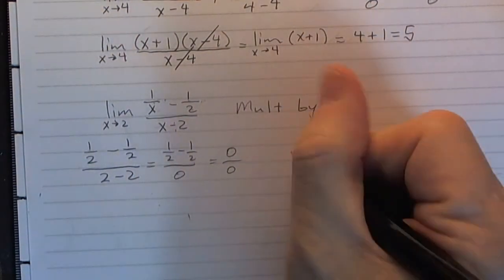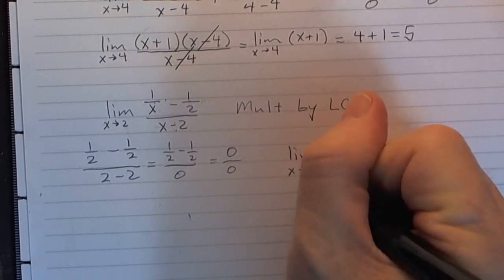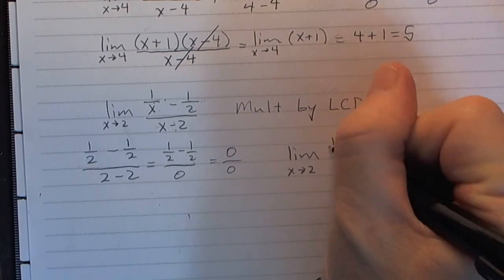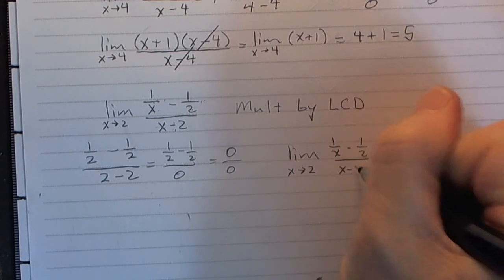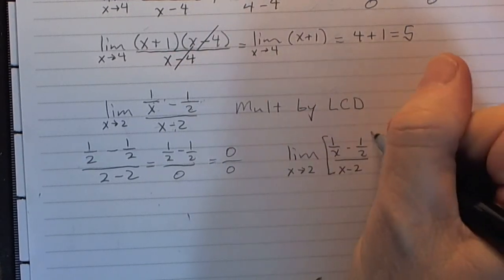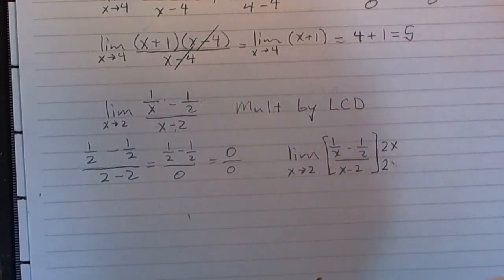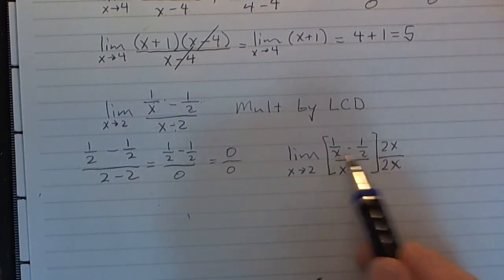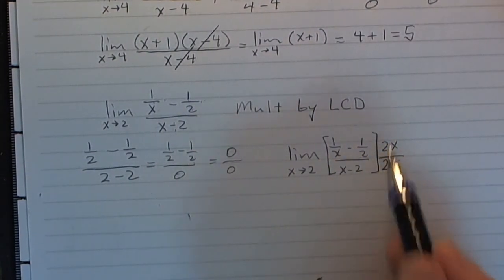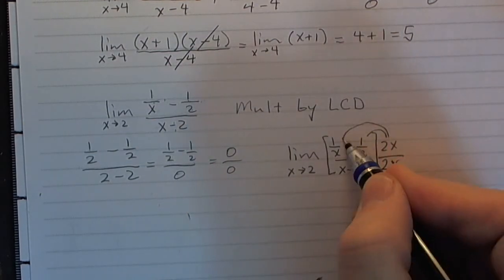So really, what I'm doing is taking this limit as x goes to 2, and I'm doing something that's perfectly legal. I'm multiplying by 1. I'm going to multiply the top and the bottom by 2x. In other words, I'm multiplying the top and the bottom by the least common denominator, the 2x. That's fine. I can multiply by 1. It's just 2x over 2x. Now, if I distribute this 2x through, dig what I have now.